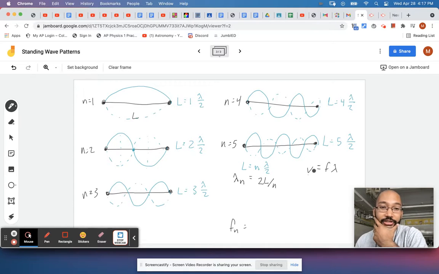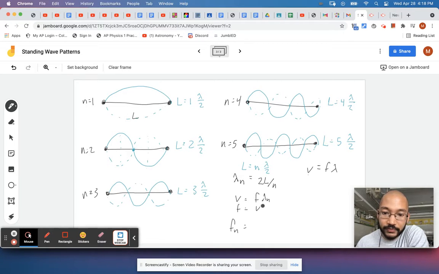So when it comes to a string, the density of the string, how dense it is, and the tension it's under would be the two factors that affect the speed of the wave through that. That's a separate issue. Okay, so combining our equation for wavelength with this equation will give us V is equal to F lambda n.